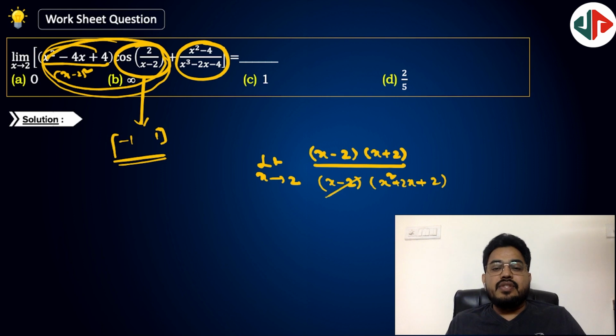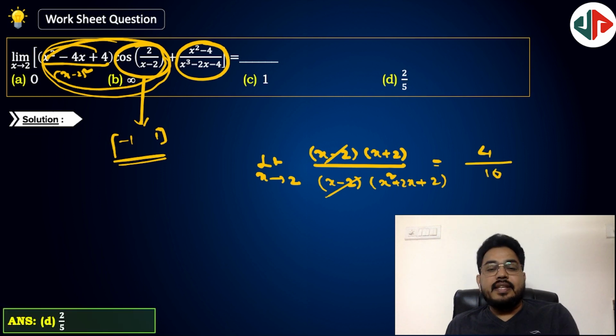So x minus 2 cancels. At x equal to 2, this value will be 4 by 4 plus 4, 8 plus 2, 10. So the answer is equal to 2 by 5.